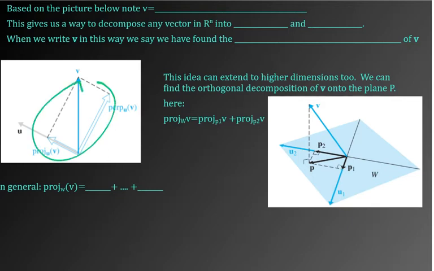All right, so based on this picture, V can be defined as the sum of two things, okay? So we have the projection of V onto U down here, and this thing, the perp of V onto U. If we think of W on the last slide as being built out of the vector U, right?